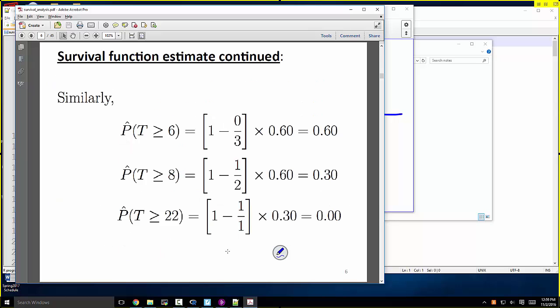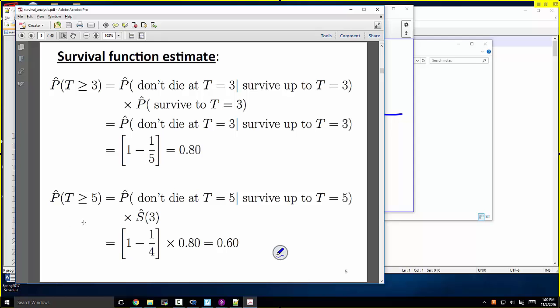But what about at a censored location, like time 6? The survival curve estimate at time 6 is again the probability that you do not die at time 6, given that you survived to time 6, times the survival probability at the previous time point, which is now 0.6.